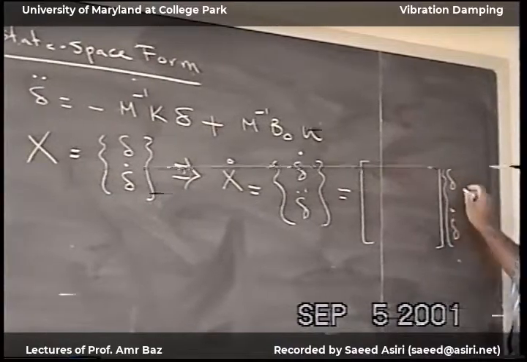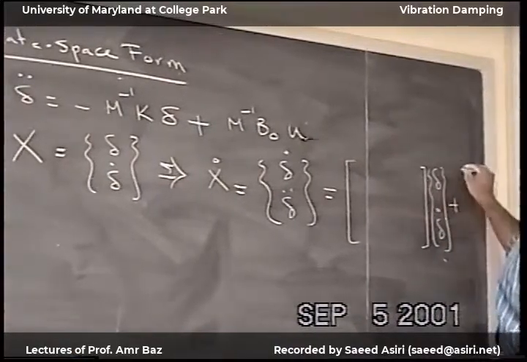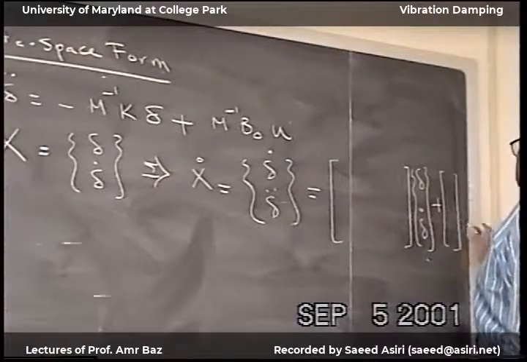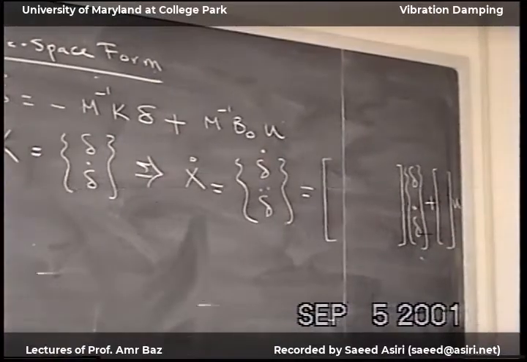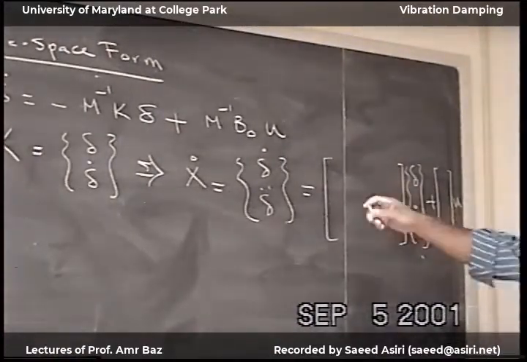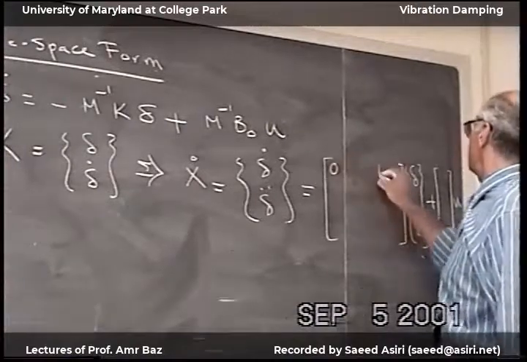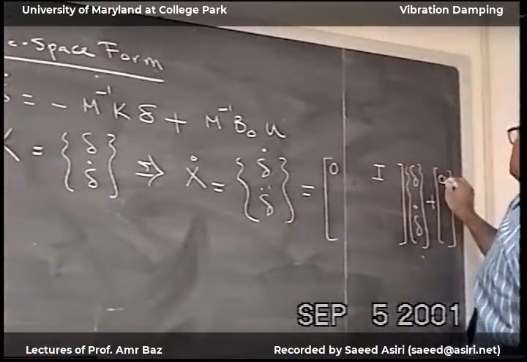Delta and delta dot and u. So I'm going to write it like this. 0 and I and 0.